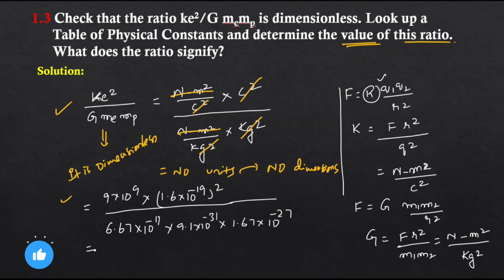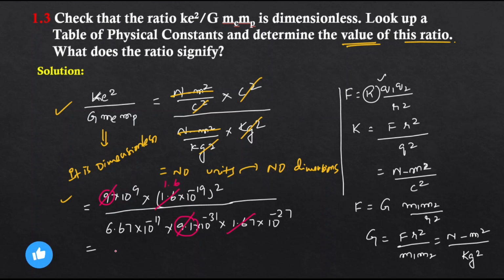If you simplify, I am taking approximate values. 9.1 is there, approximately 9, I am going to cancel these two. Like that, here 1.6 is there, here also 1.67 is there. So we cancel 1.6 with 1.6.